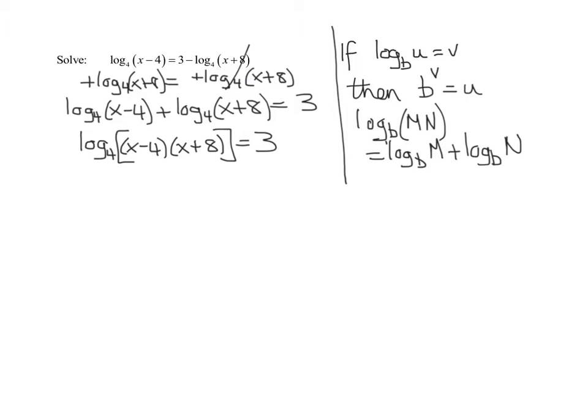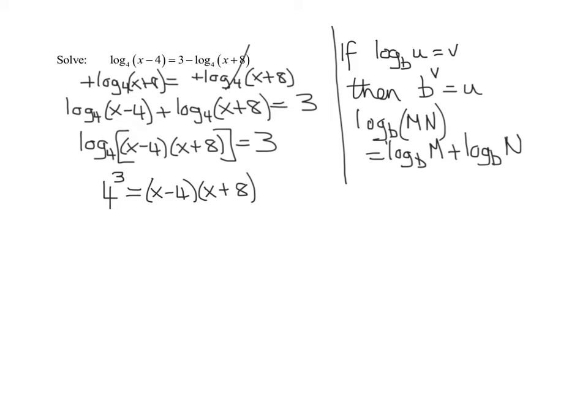And so now I have one log on the left-hand side. It has a coefficient of 1, so it's in this format, and now I can turn it into the exponential form. So what is this in exponential form? 4 is the base of the log, so 4 has to be the base of my exponent, and it's 4 raised to the third power equals x minus 4 times x plus 8.